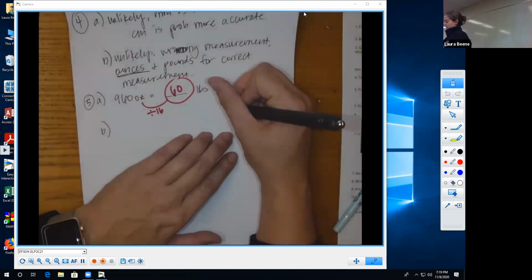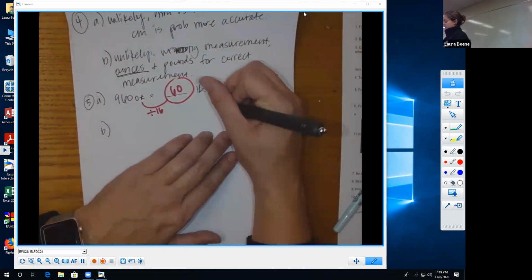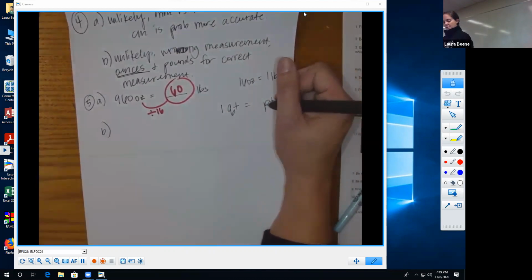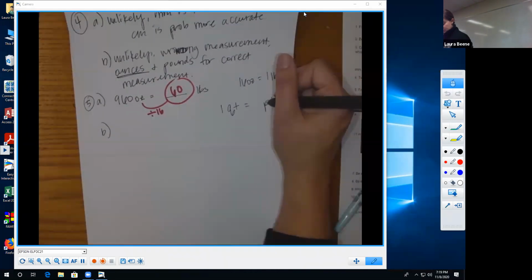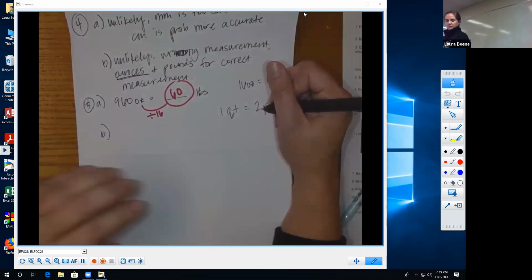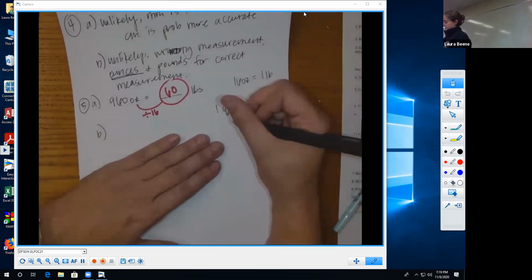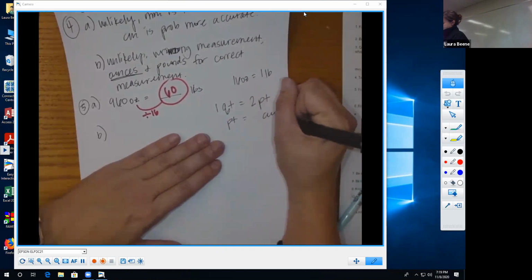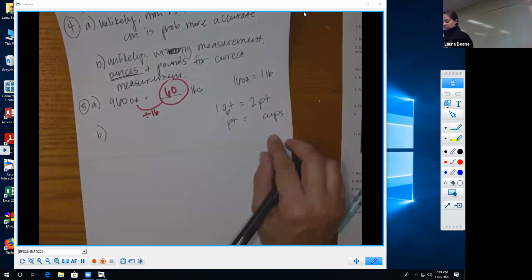First thing we go is from a quart to a pint, right? So how many pints are in 1 quart? Are there 2 pints in 1 quart? And then we need to go from pints to cups. So how many cups are in 1 pint?